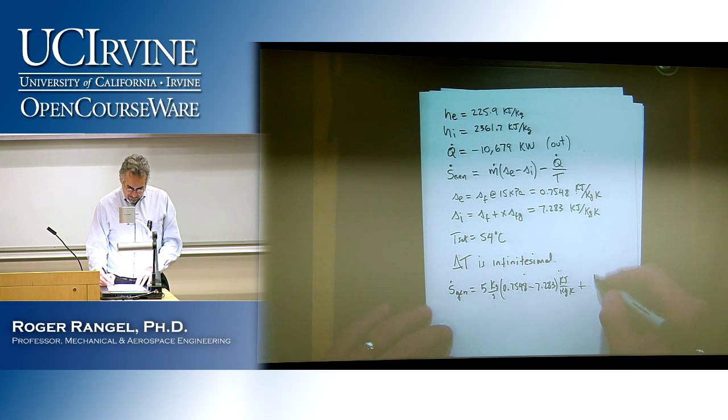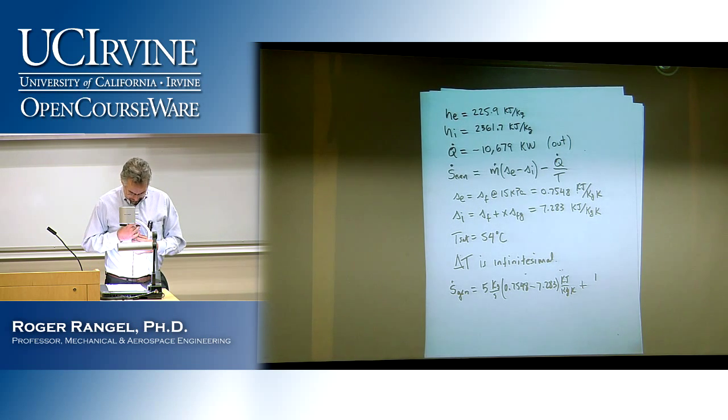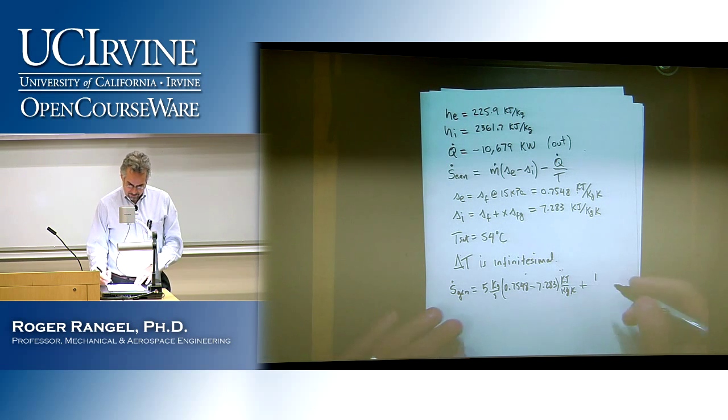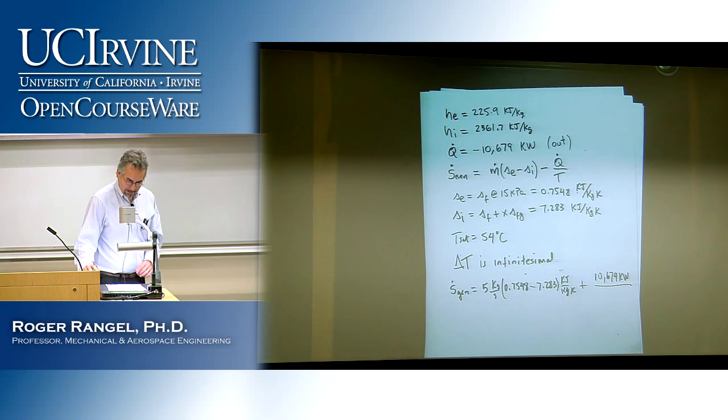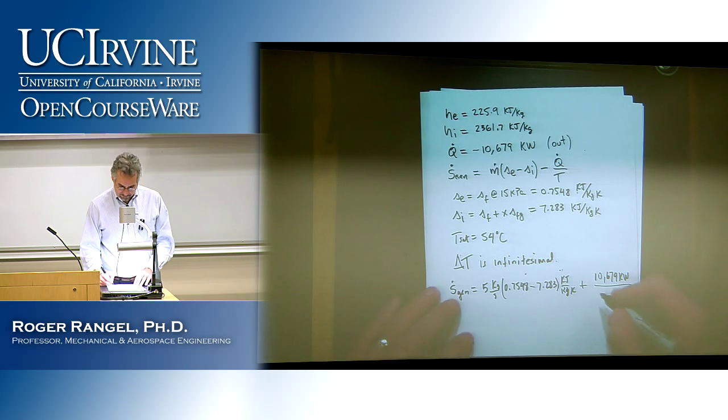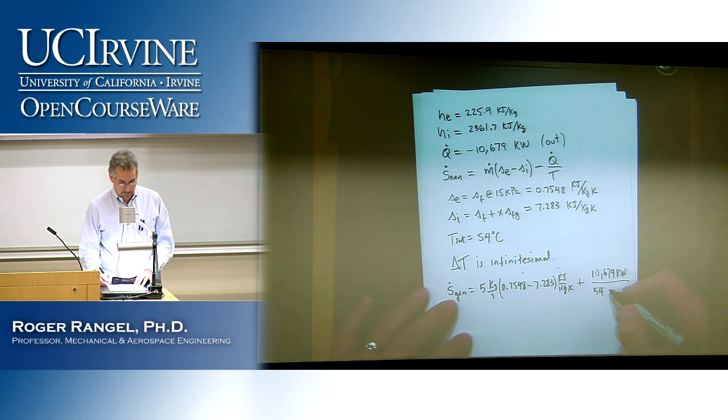The Q dot that we found was 10,679 kilowatts. And the temperature, if I am assuming that it's only infinitesimally small, will be 54. You have to put it in Kelvin, so 273, and that's in Kelvin.